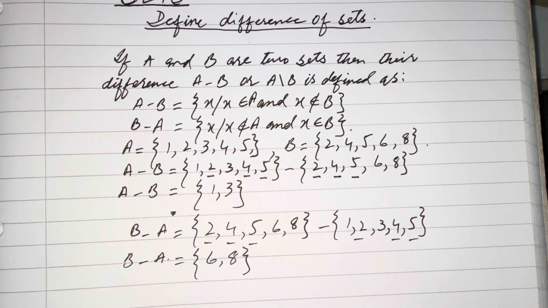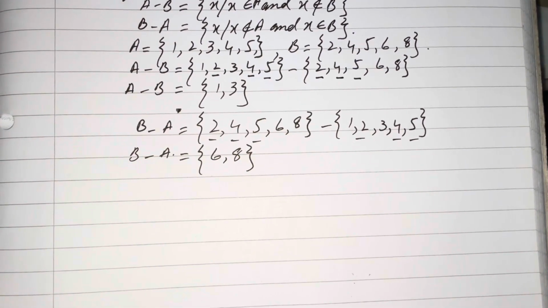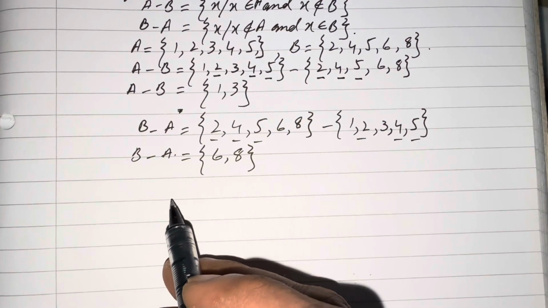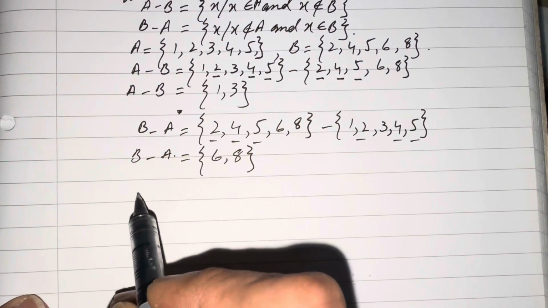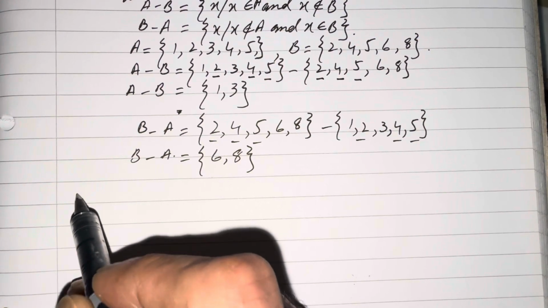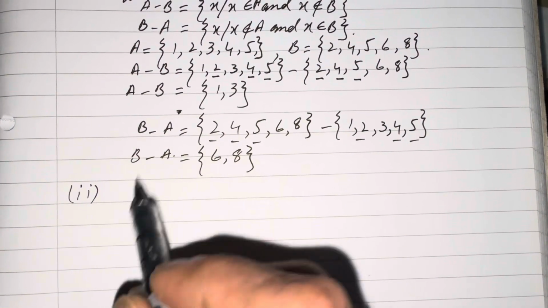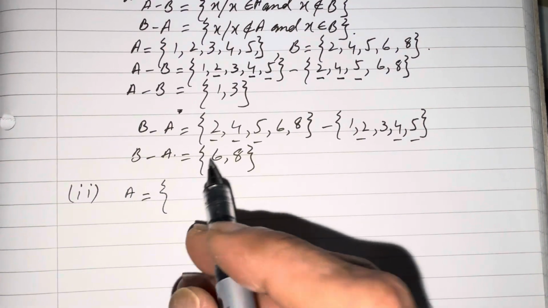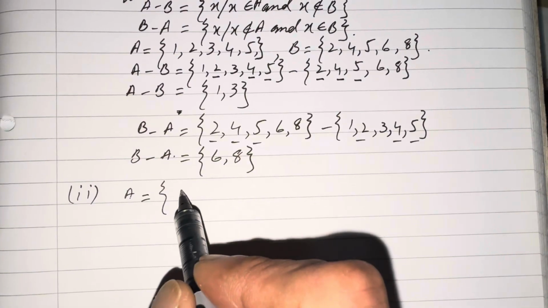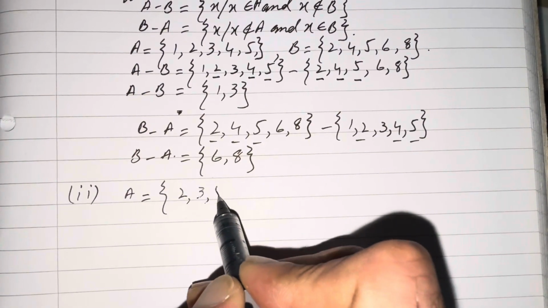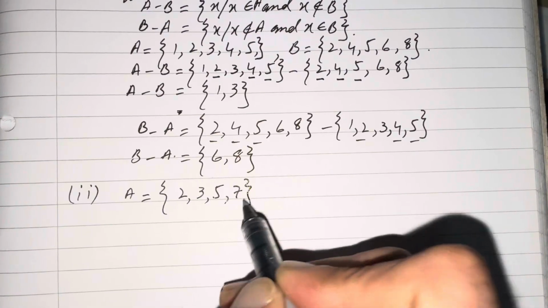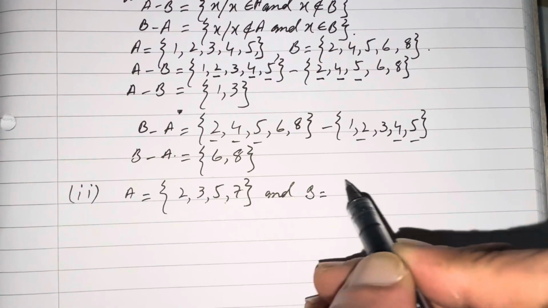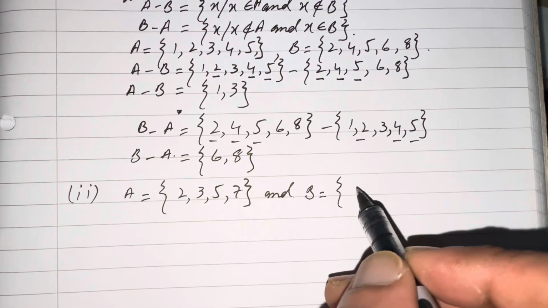So let's take another example so that we can understand how to find the difference of two given sets. Example number 2. Let's suppose that A is the set 2, 3, 5, 7 and B is given as 3, 5, 8.